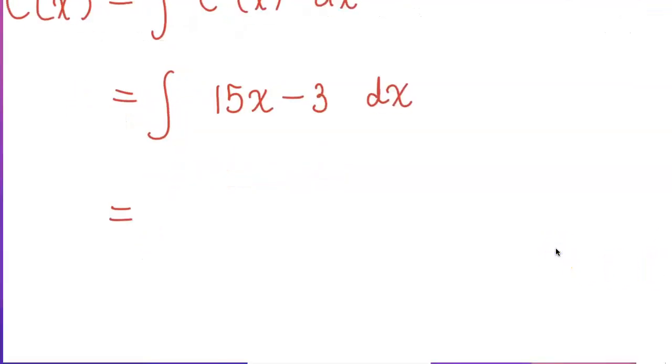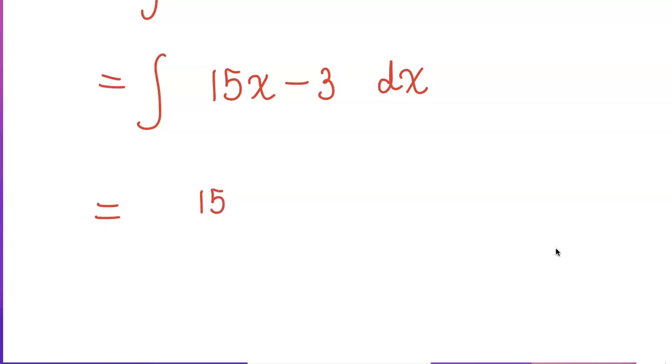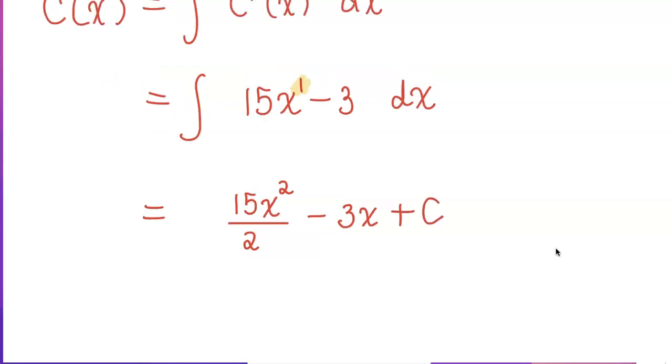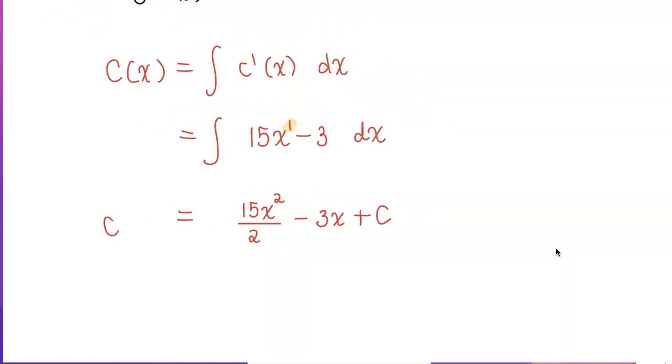So let's take the integral. 15 x to the what power? Well, the old exponent was 1, so we go up by 1. So x squared, and we divide by that new exponent of 2. Minus 3x plus c. All right, so we wrote the cost function C of x.